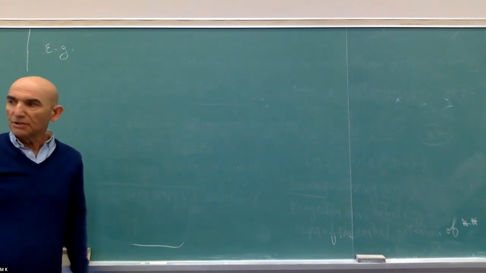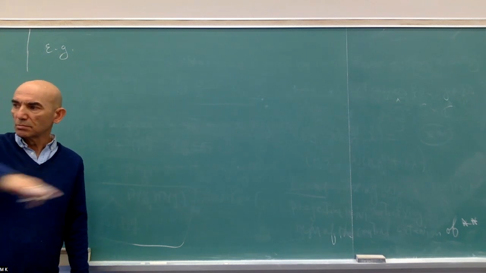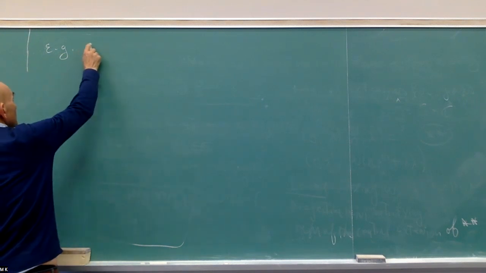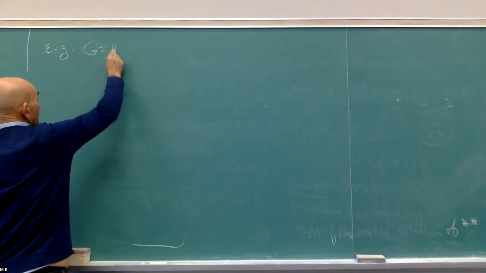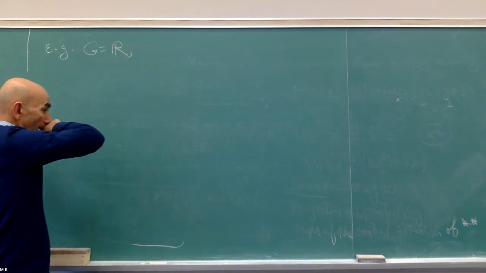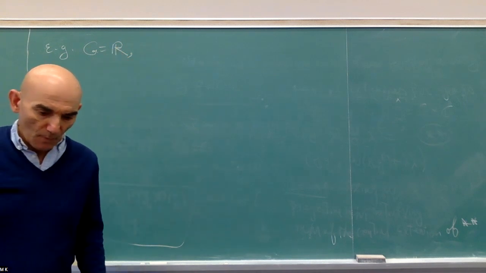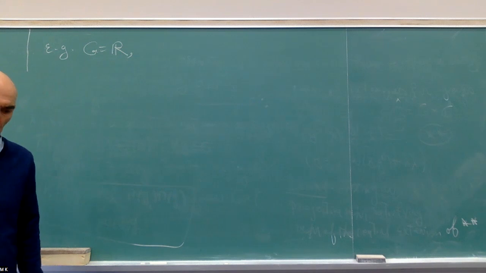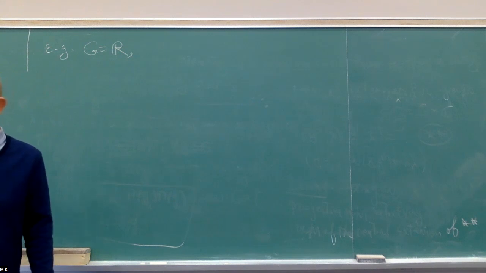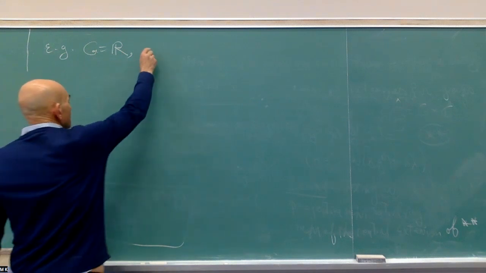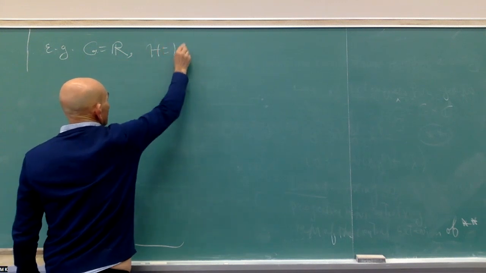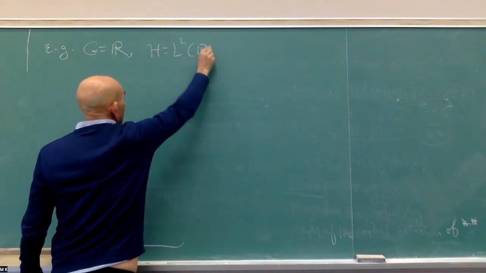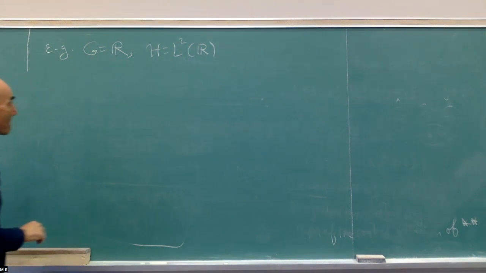So let's take G to be equal to the real line, and let's take H to be L2 of R. Let's define some representations here.